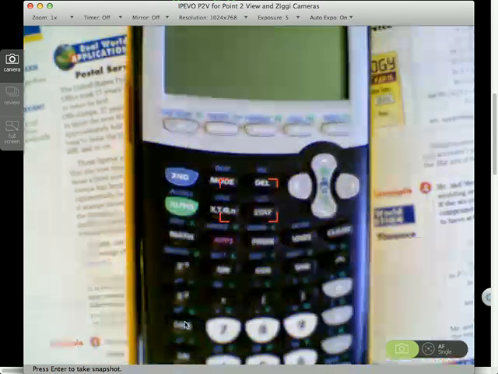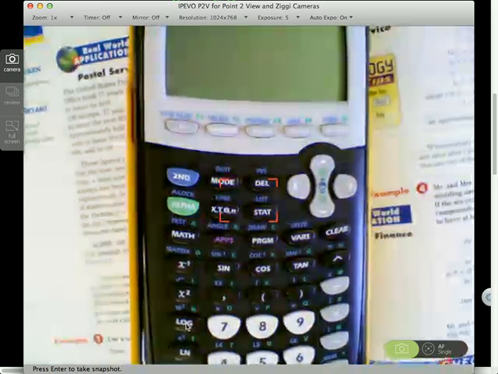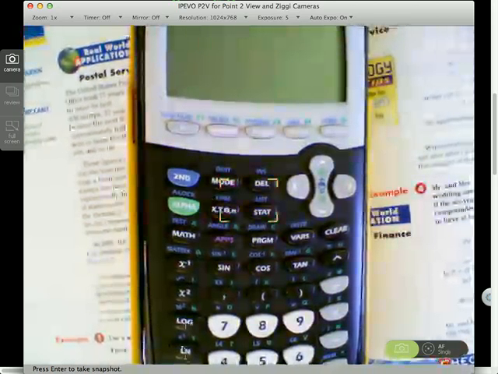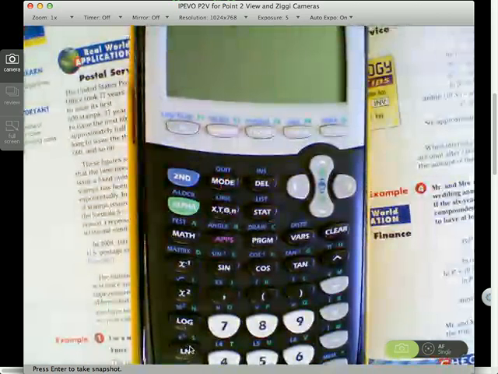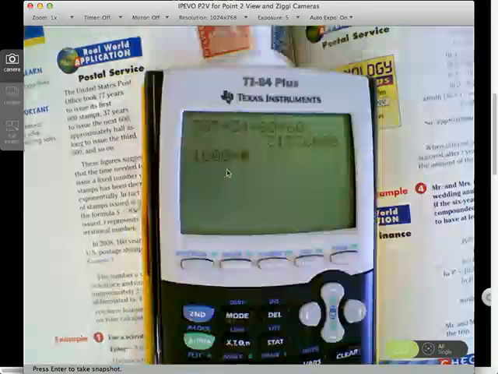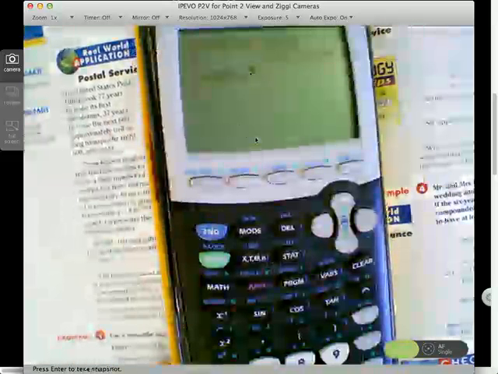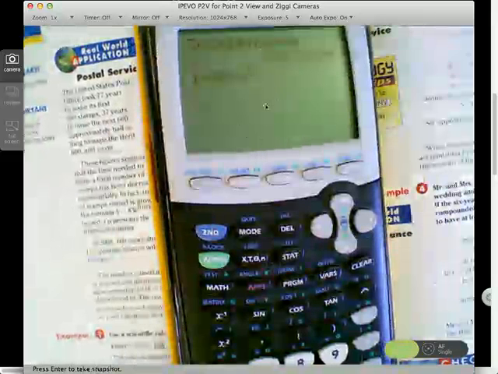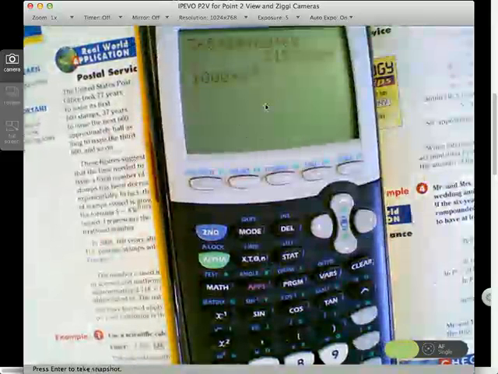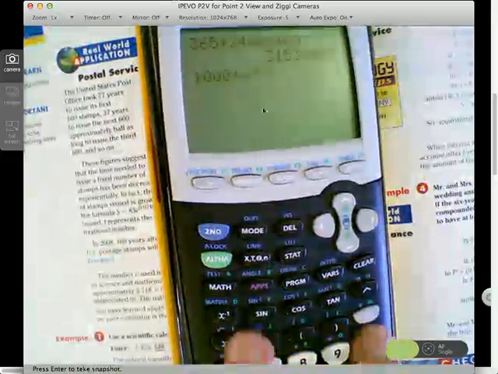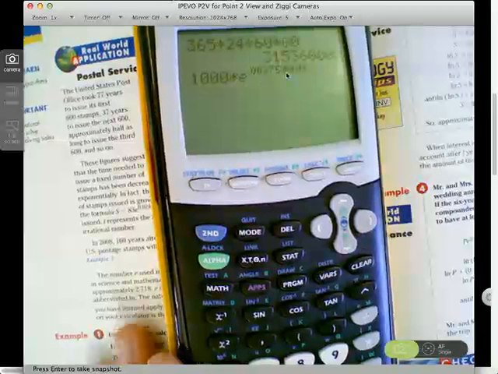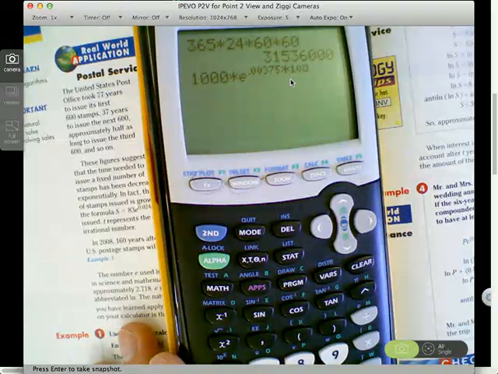So it turns out the log button is right here, and beneath it is the LN button. And you've got e to the x right there. So I'm going to do 1,000 times, and I'll hit second and this ln button, and I'll have e to the. And now I'll just type in 0.0375 times 10, making sure that that's all in the exponent.